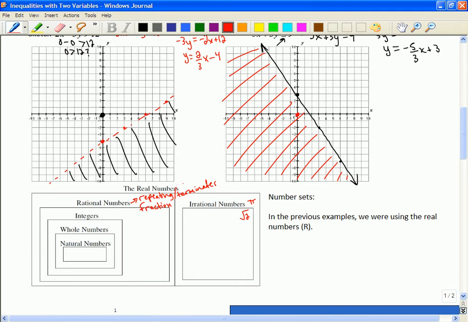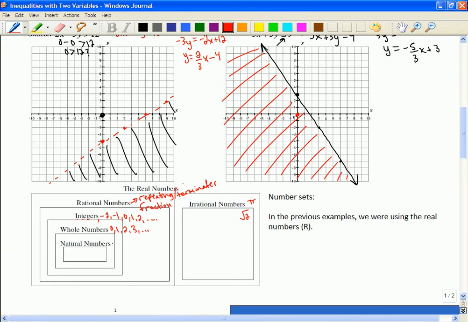So within the rational numbers, the numbers that can be expressed as fractions, we have the integers. And what the integers look like are the negatives, 0, and then they keep going. For whole numbers, we're going 0, 1, 2, 3, and on and on.